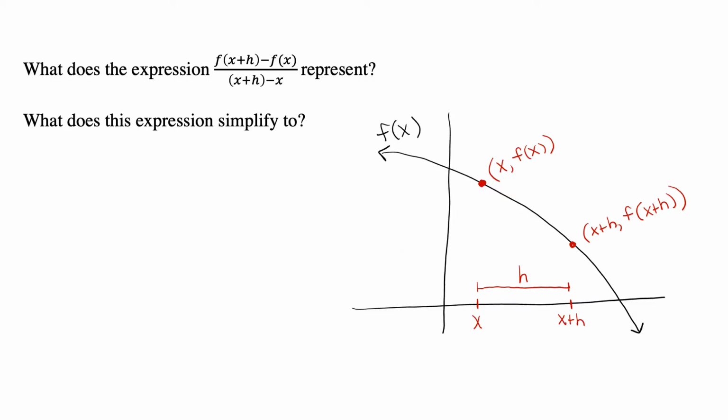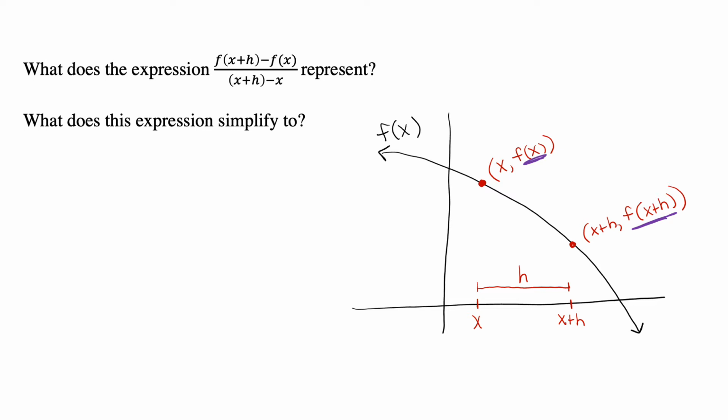So using that picture that we just created, we first want to identify what the expression f of x plus h minus f of x over x plus h minus x represents in terms of the graph that we created. So let's first start looking at where we even see those values. We see f of x plus h as a y value and f of x as a y value.